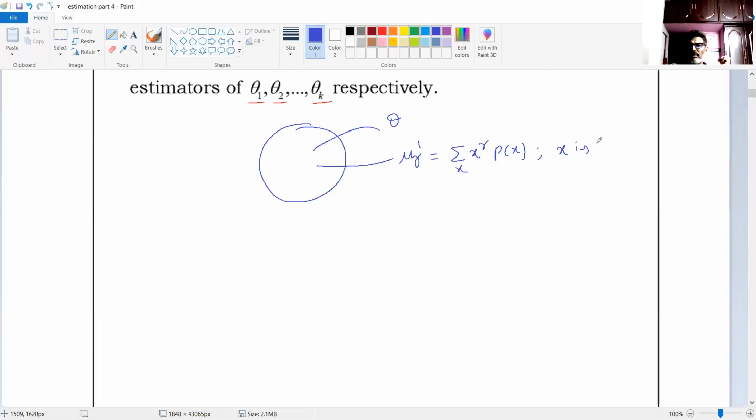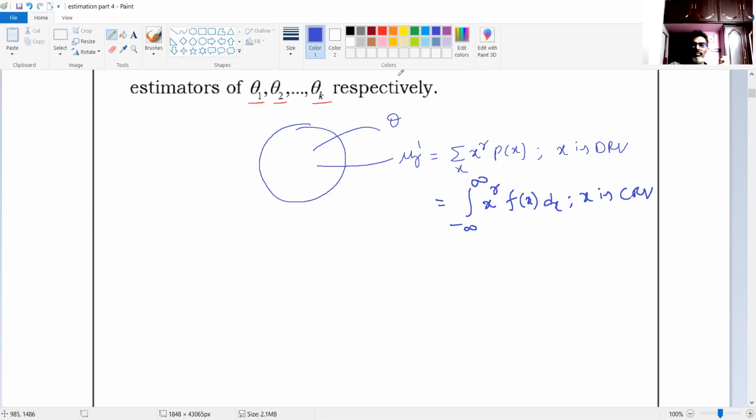For a continuous random variable, it is the integral from minus infinity to plus infinity of x power r into f(x) dx, where X is a continuous random variable.